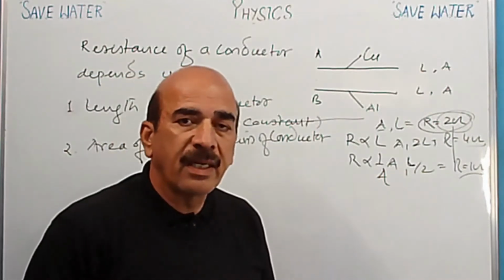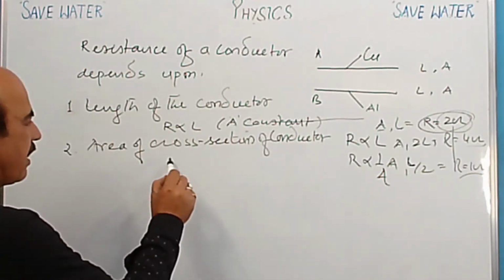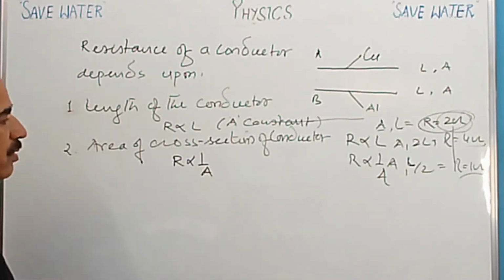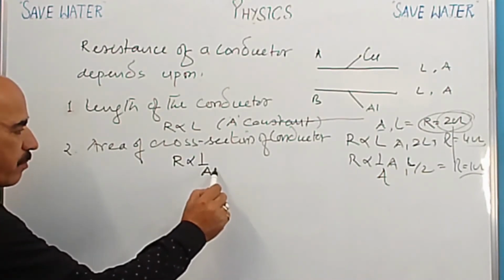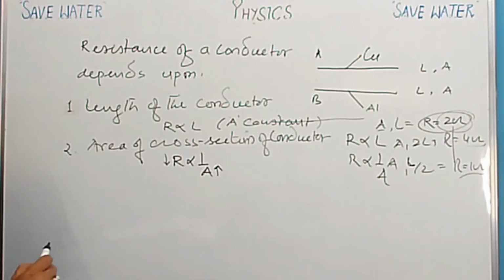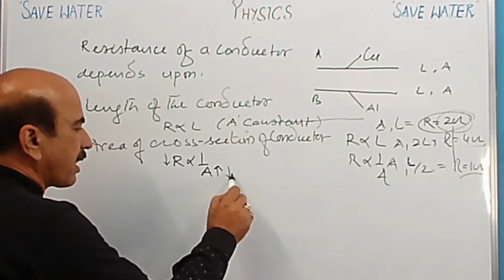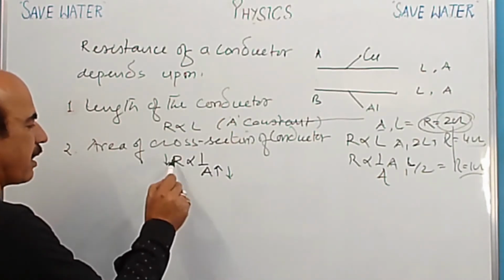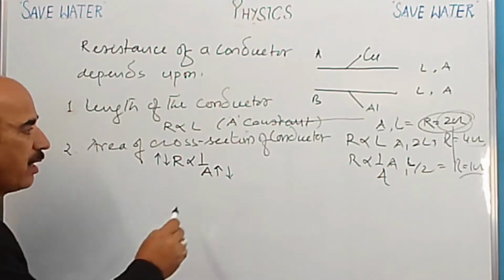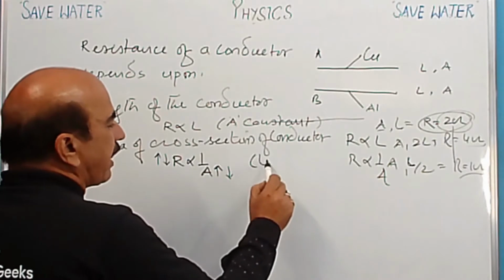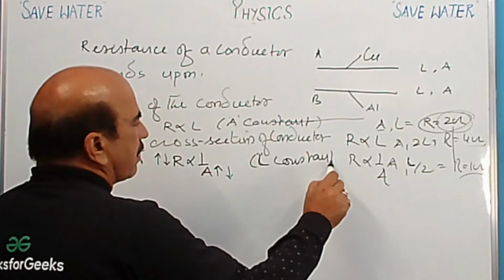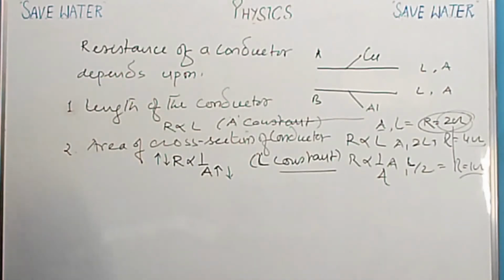Aditya is saying, sir, R is inversely proportional to area of cross section. So this means if area is increased, the resistance is decreased. And if area is decreased, then the resistance will increase. Provided we keep length constant. Okay, this we have done in the previous session.